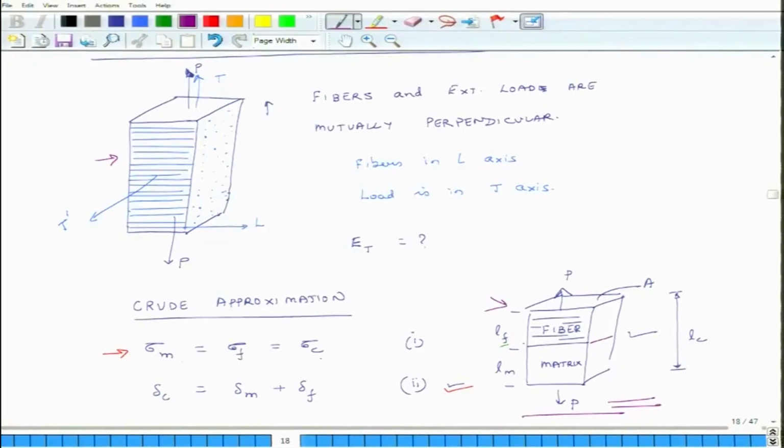But in reality they are not layers; there are fibers continuously dispersed throughout the medium, and throughout the medium you also have matrix continuous. The fibers are still in the transverse direction, the orientation is not different, but they are continuously dispersed. So, we do not have layers, so we cannot have this block kind of a system.